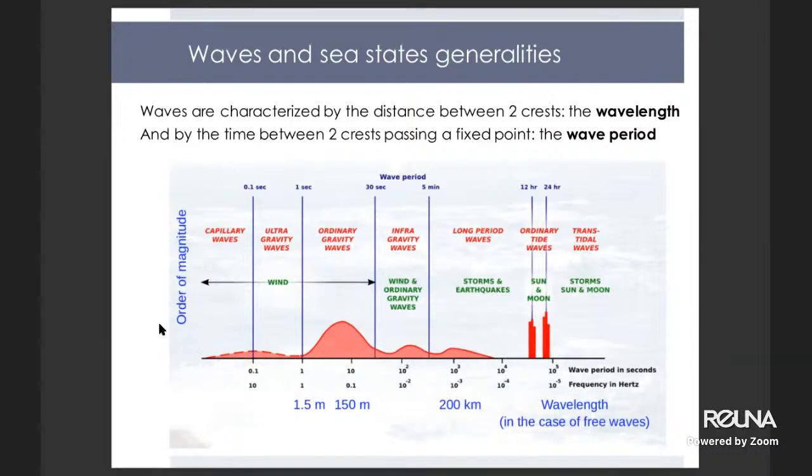We can see that we have a variety of different waves represented here, like tide waves, long period waves which come from storms and earthquakes, infragravity waves, which are large waves generated by interaction of smaller waves, and shorter waves: classical ordinary gravity waves, ultragravity waves, and capillary waves, all of these generated by the wind.